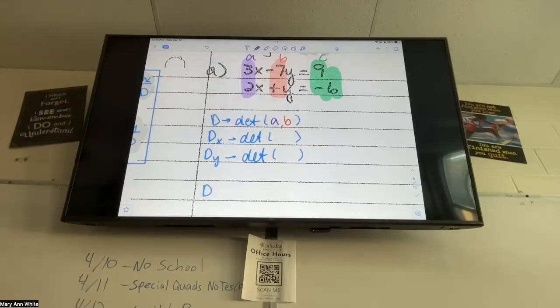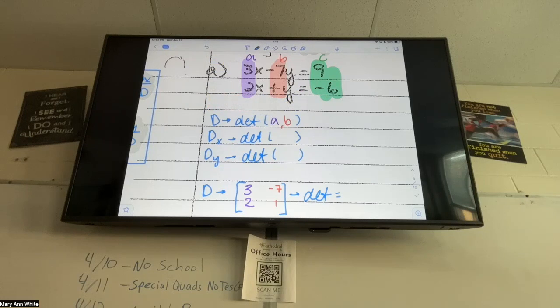So D is going to be taking my A column, which was 3 and 2, and my B column, which was -7 and 1, and then we are going to do the determinant of that.